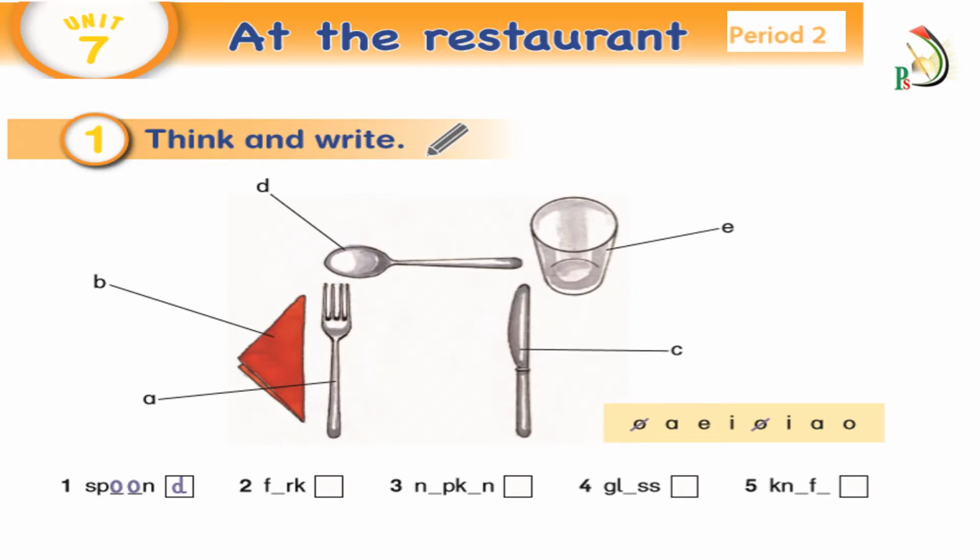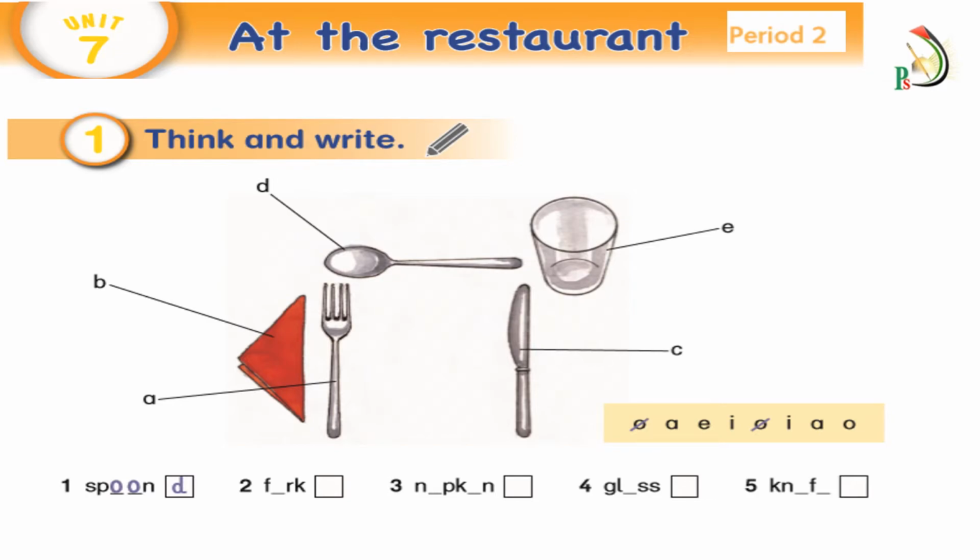Inside this brown box we have many letters: O, A, E, I, another O, I, A, and again another O. You can use these letters to complete the words below.